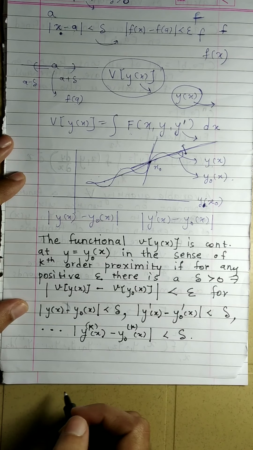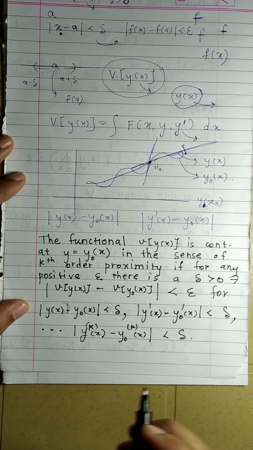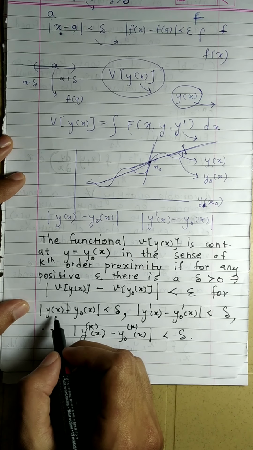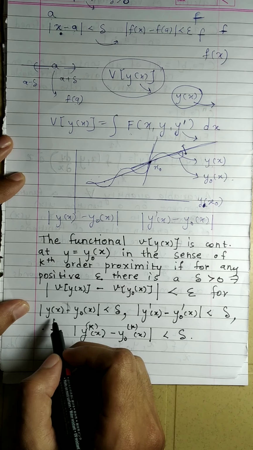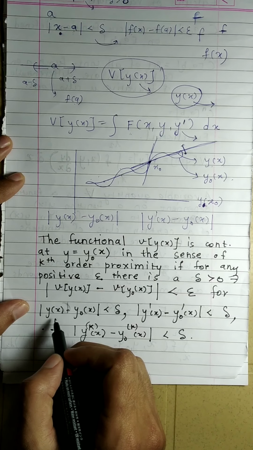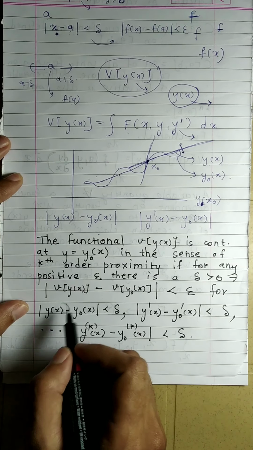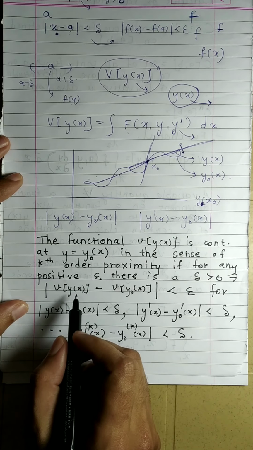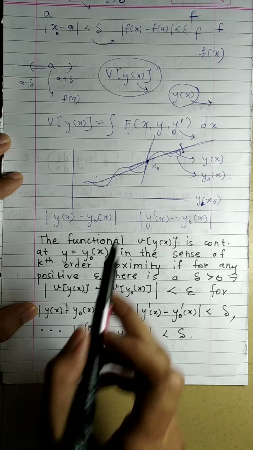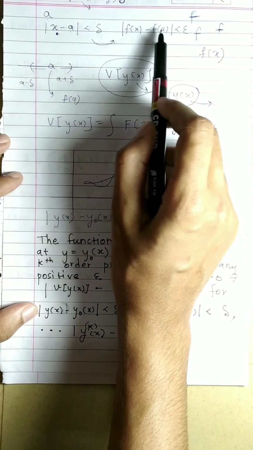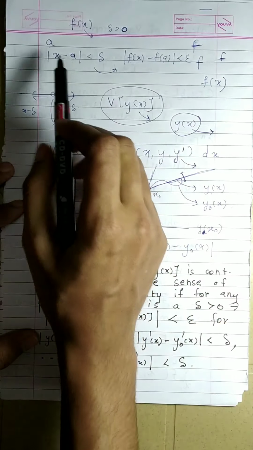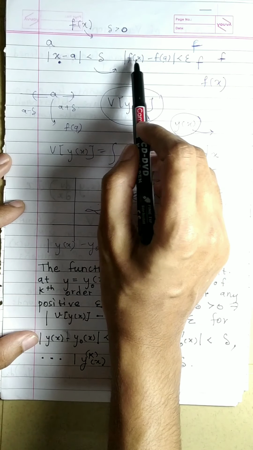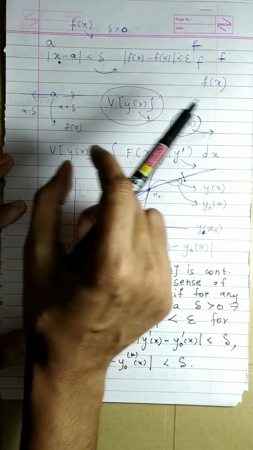Okay, and it is assumed that the function y of x, meaning whatever functions are considered here, are taken from the class of functions on which this v[y(x)] is defined. Like if we are talking about the continuity here, on whichever interval the function f is defined, this x is taken only around that.